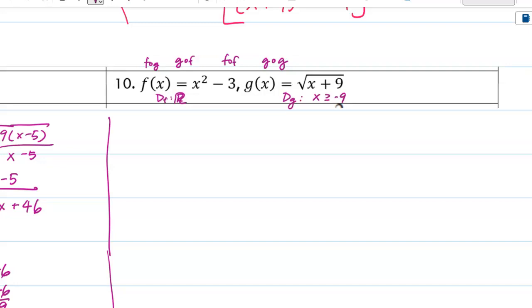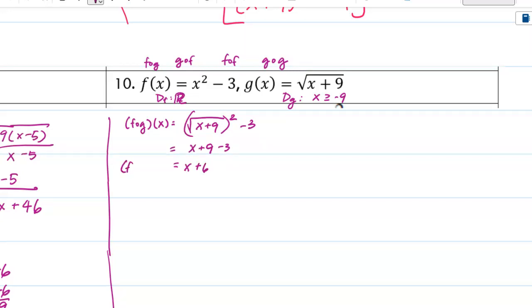Okay, let's do f of g of x. Find out where g is: x plus 9 squared minus 3. So we have an x plus 9 minus 3, x plus 6.